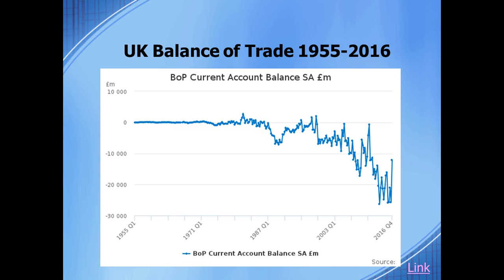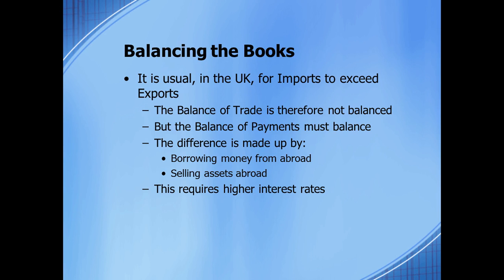If it's below the zero we have a negative balance of trade, where we're importing more than we're exporting. And I think you can see that generally the UK runs a negative balance of trade, so we import more than we export. So the imports are exceeding the exports.